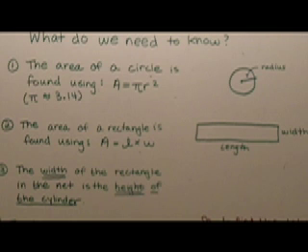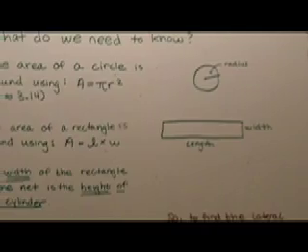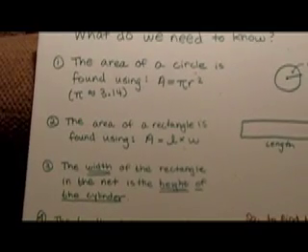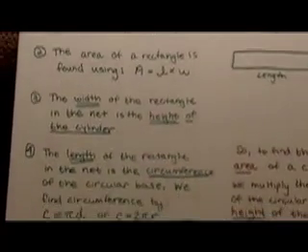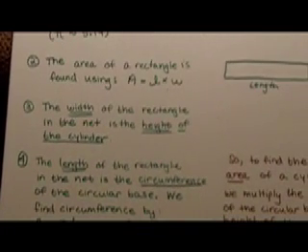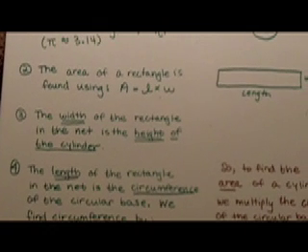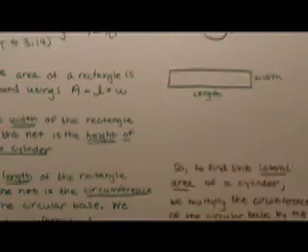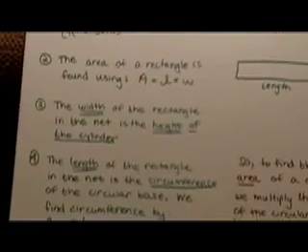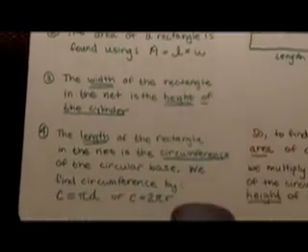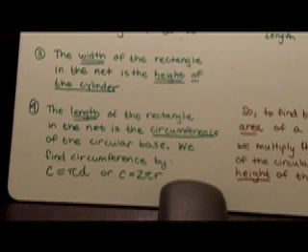The formula for finding the area of a rectangle is its length times its width. But keep in mind, we're just going to be given a description of the cylinder. So we have to think a little bit about that. The width of the rectangle in the net is going to be the same as the height of the cylinder. The length of the rectangle in the net is going to be the circumference of the circular base.